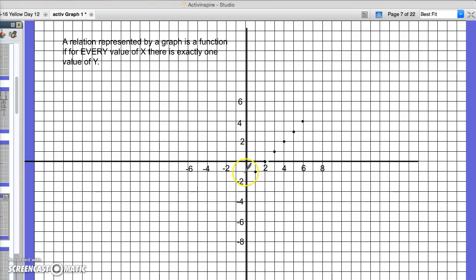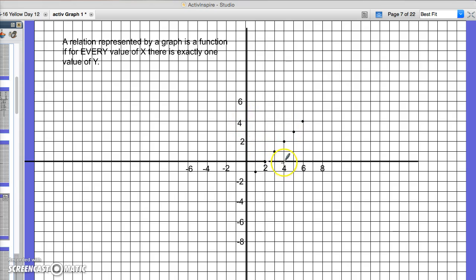There's only one element of the range. So for this point, it has an x and a y. This x has only one y. This x has only one y. This x has only one y. This x has only one y. And finally, this x has only one y.